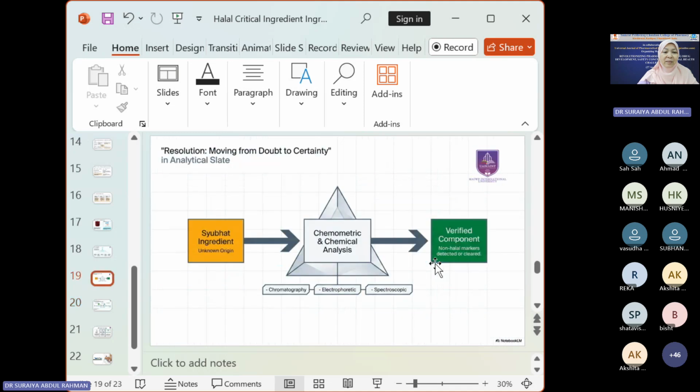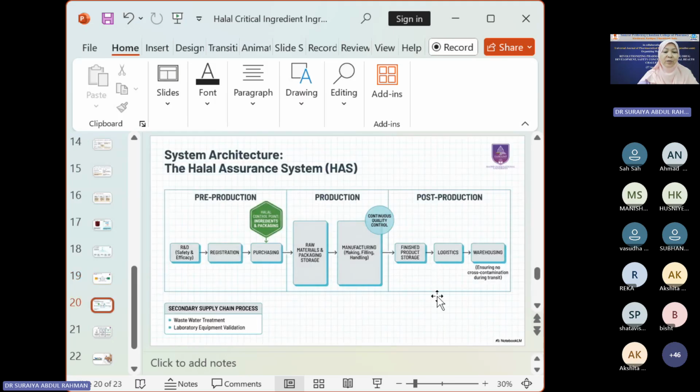But on top of the halal test, the lab testing, to produce halal certified pharmaceuticals, the whole process of production of the pharmaceutical product needs to be clean and pure, with no contamination.